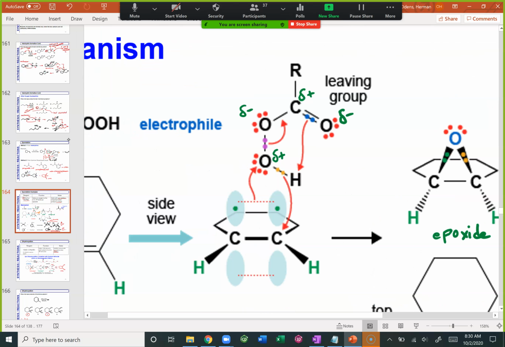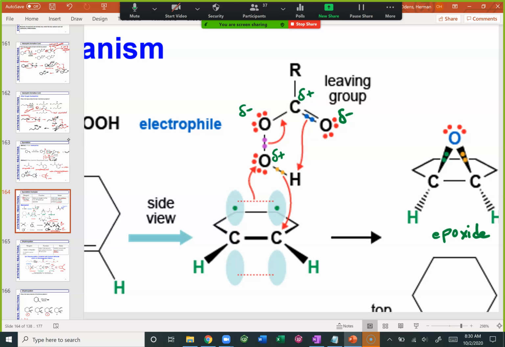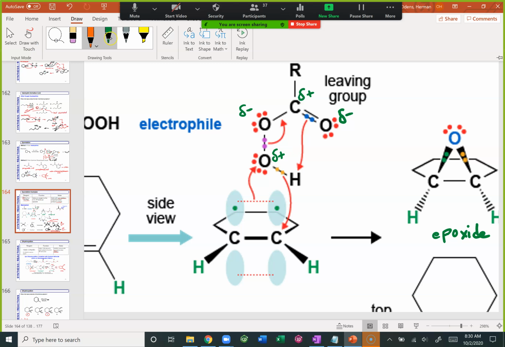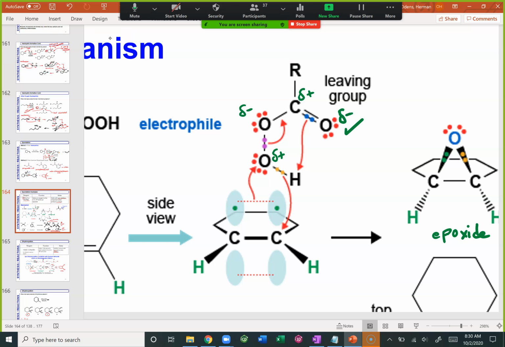Here you have the double bond attacking this oxygen. This oxygen is established to be partially plus. I think on my video I did that right. I started from this oxygen, which is the most electronegative oxygen in the whole series because it's attached to a carbon, and it's from a carbonyl.